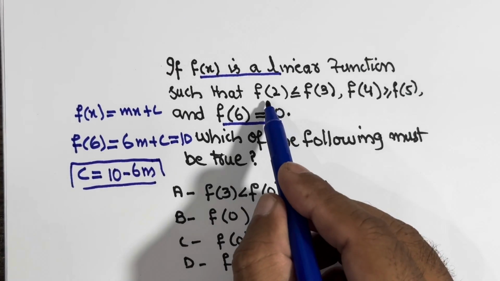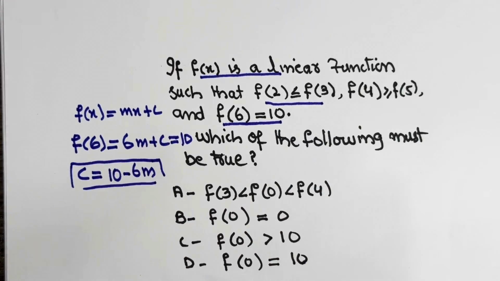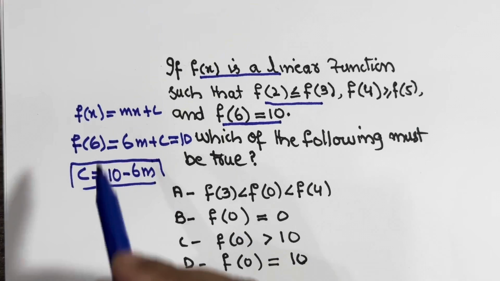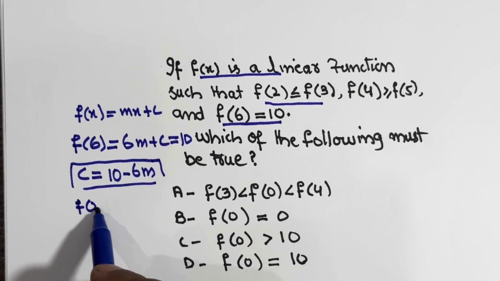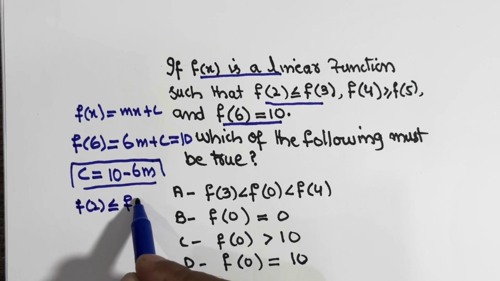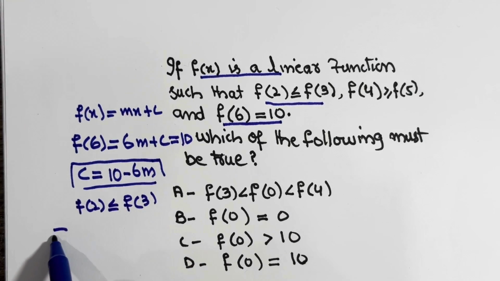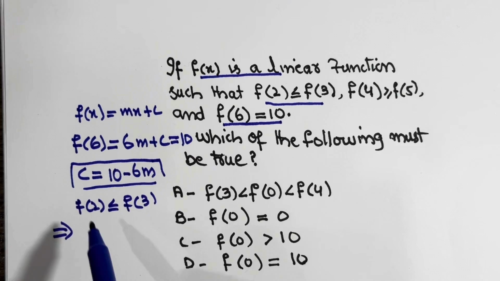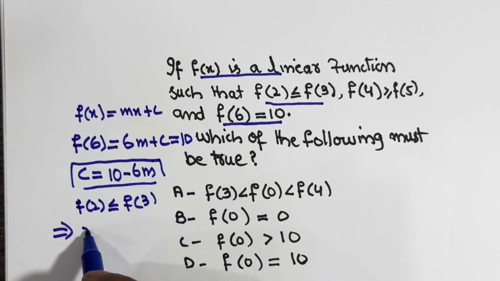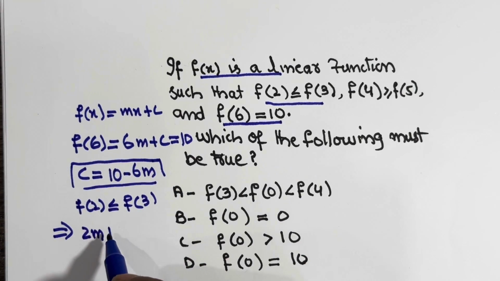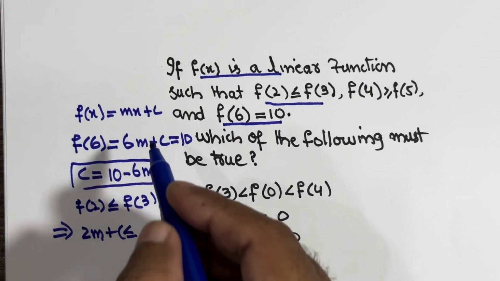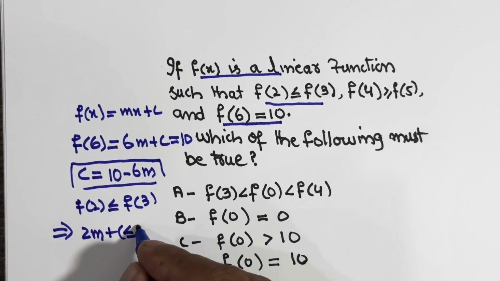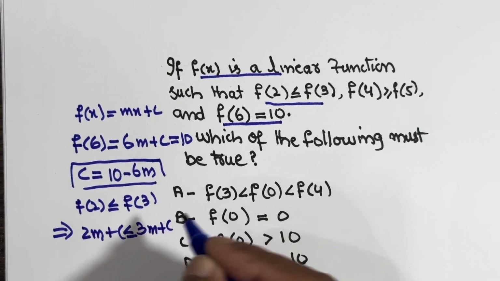Also we have f of 2 is less than or equal to f of 3. So we will substitute in this linear function. This implies that f of 2, that is 2m plus c, is less than or equal to f of 3, that is 3m plus c.